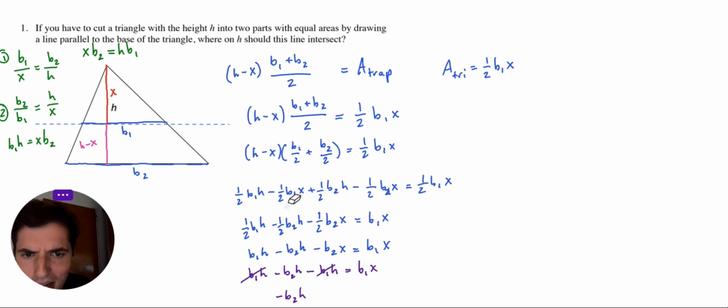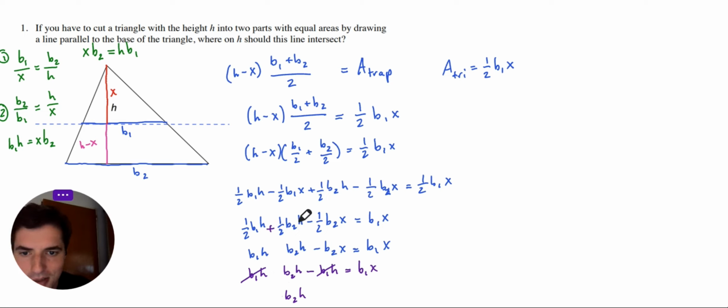What did I do? Oh, okay. So we added the b1x over here. The b2h, we were adding it here, but I kept this negative. Yeah, this should be positive. So let's correct that.